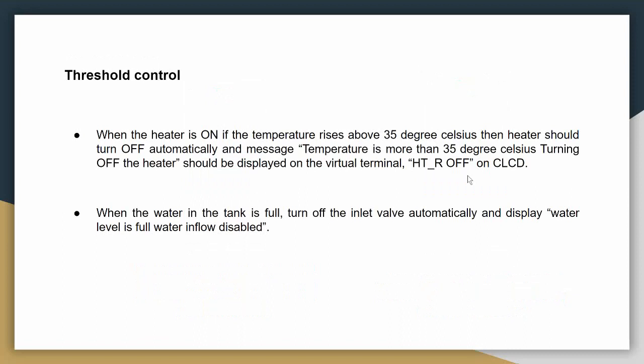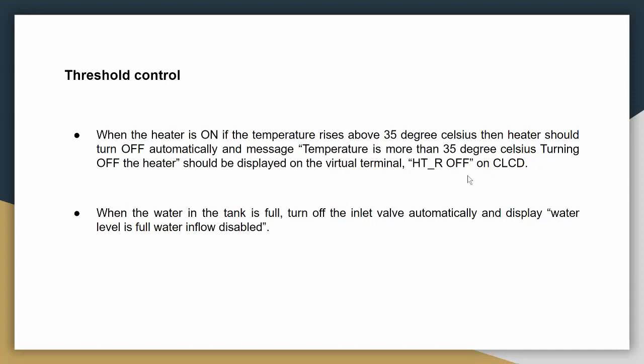Now the threshold control. When the heater is on, we are checking if the temperature is more than 35 degrees Celsius. If it is, we turn off the heater and send back a notification: temperature is more than 35 degrees Celsius, turning off the heater.